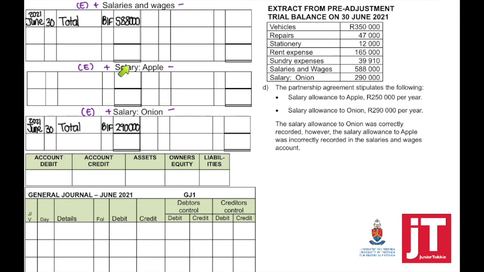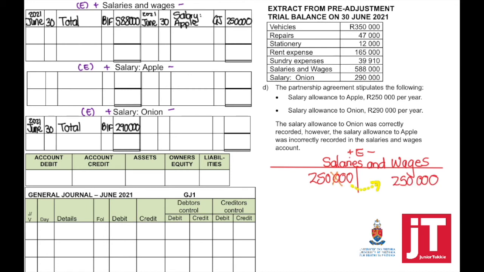Salary Apple, there's no total brought forward because we still need to correct that. Salary Onion, 290,000. Salary to Onion is regarded as an expense. So salaries and wages was incorrectly debited with 250,000. We need to correct that.